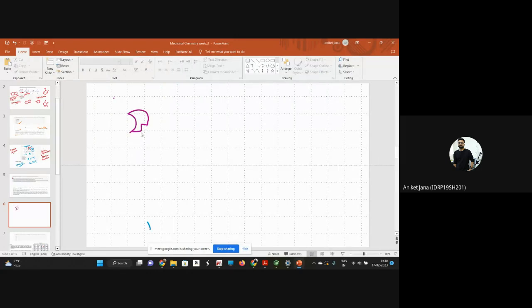So this is the active site of that enzyme. There is another site of that enzyme where a molecule can bind.